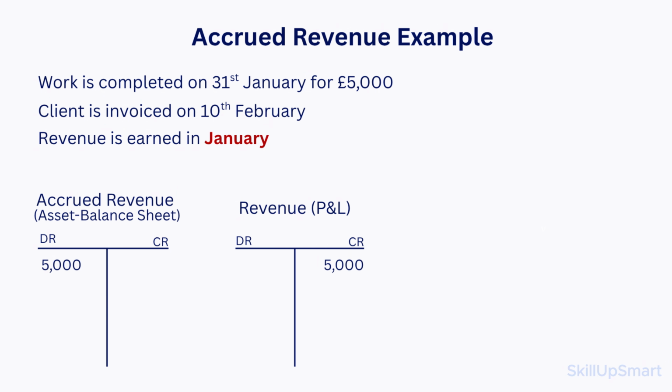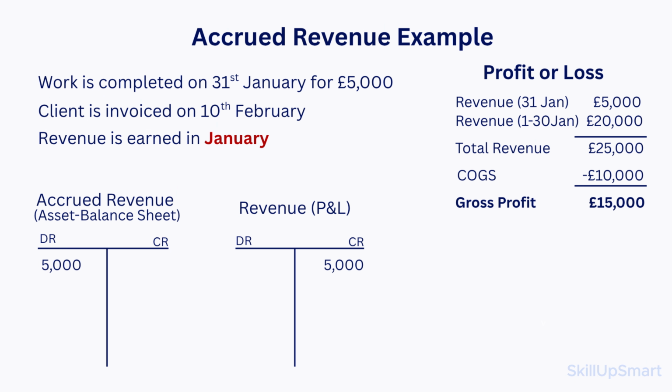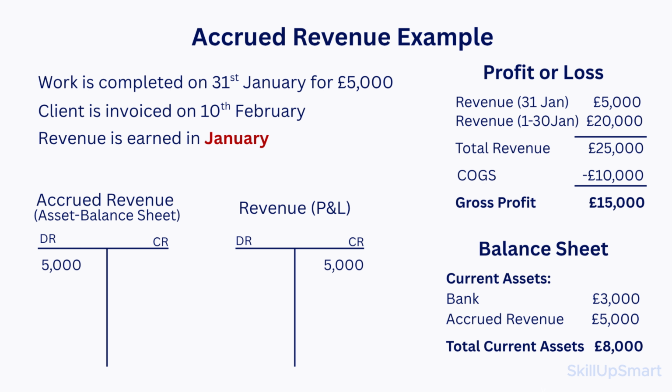Let's look at the financial statements. Statement of profit or loss. Revenue on 31st of January is £5,000. This increases profit. The revenue belongs to January because the work was performed in January. Statement of financial position. Current assets include accrued revenue. Why is it an asset?